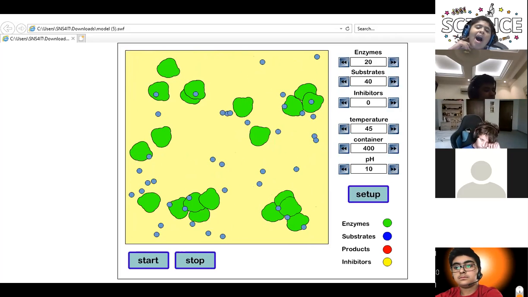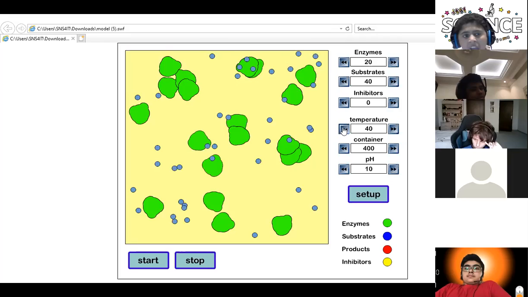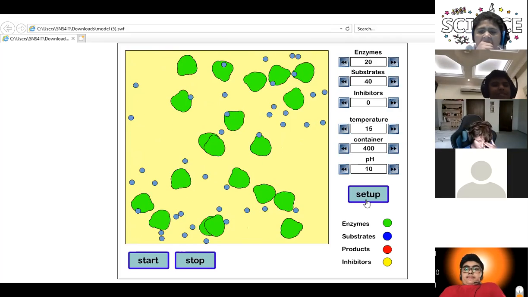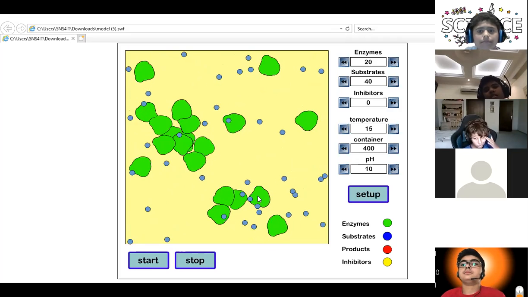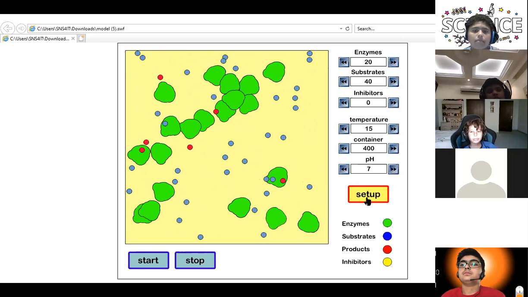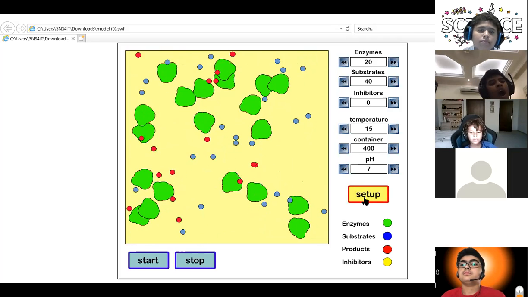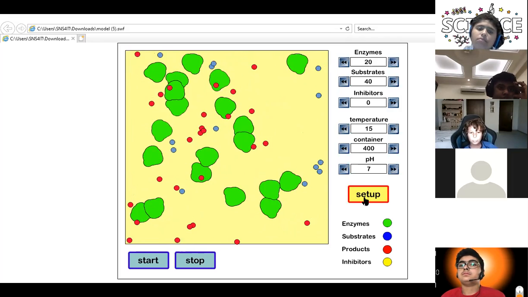The chemical reactions, if we decrease the temperature to 20, less than 15, it shouldn't be working well. It will be working very slow. Look at the result. I'm going to decrease the pH, and look, they are working very slow now. So the movement also becomes slow with the lower temperature.